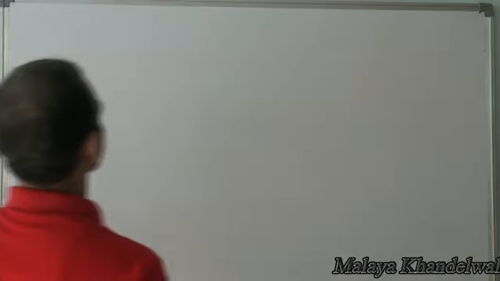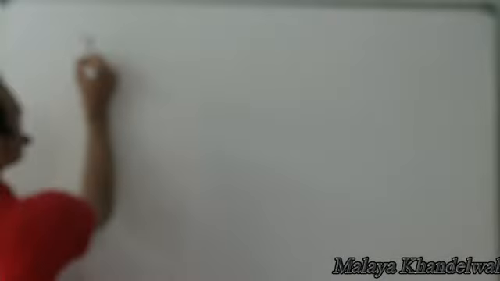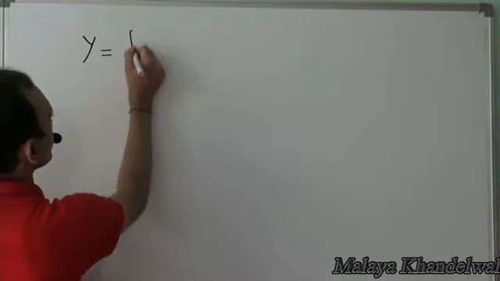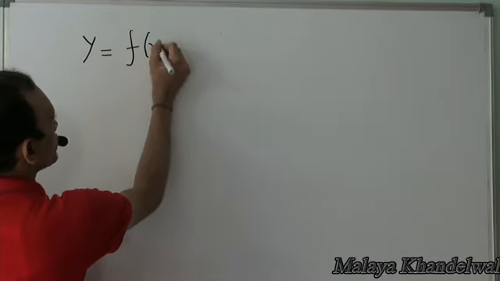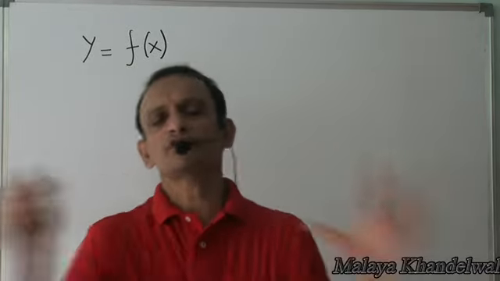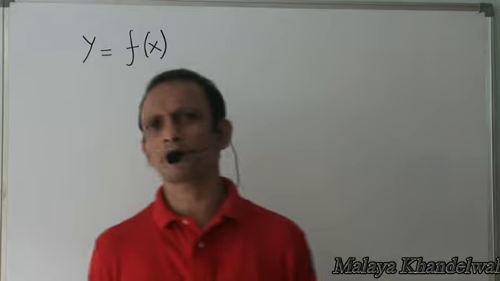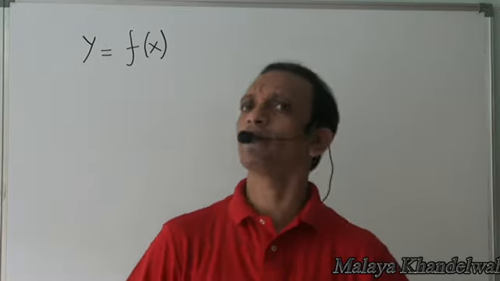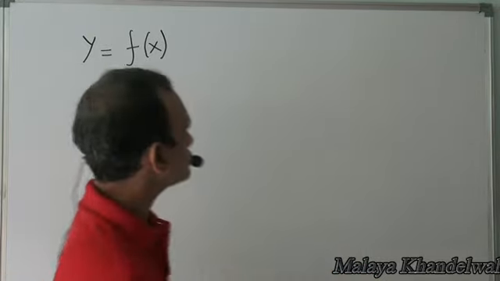Suppose there is a function y equal to f(x), and by default, we are talking about points that are in the domain of description of the function.